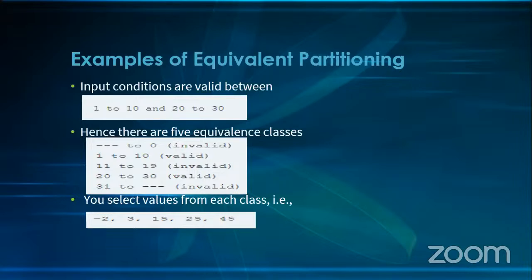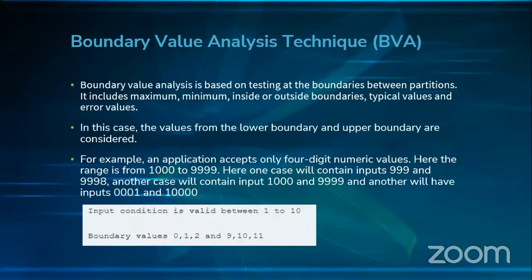Now let's move further to the next technique, which is boundary value analysis. It's called BVA. Boundary value analysis is based on testing at the boundaries between the partitions.